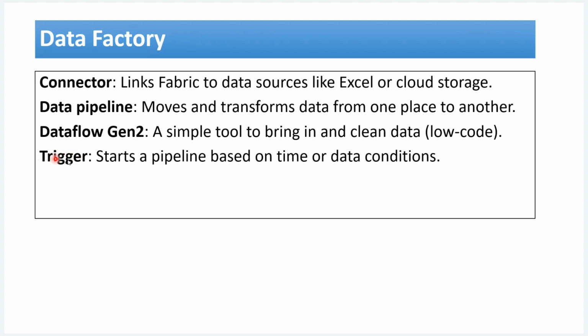The word trigger can be used in Fabric for storage event based triggers. If you already have knowledge of ADF or Azure, we have storage event based triggers, right? Here those triggers are implemented by Microsoft, so we can use this word for storage event based triggers. But if you want to schedule pipelines, dataflows, notebooks or any jobs, we can simply go and schedule it.